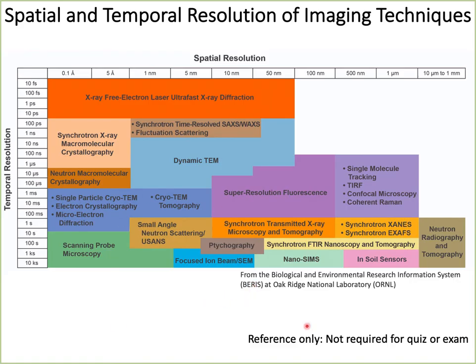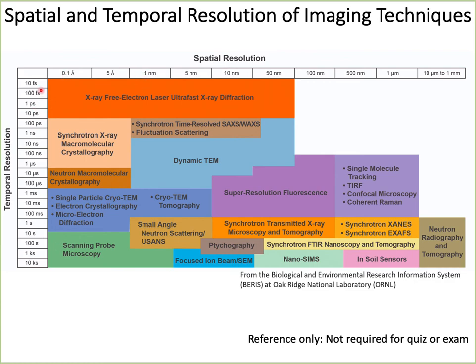This is not required for your quiz and exam, just giving an idea of what we mean by spatial and temporal resolution and where our techniques stand among all of the imaging techniques that are available. Here we are looking at a micrometer range to about the nanometer range, 1 nanometer to approximately 0.1 angstrom. Remember that 1 angstrom is 0.1 nanometer.